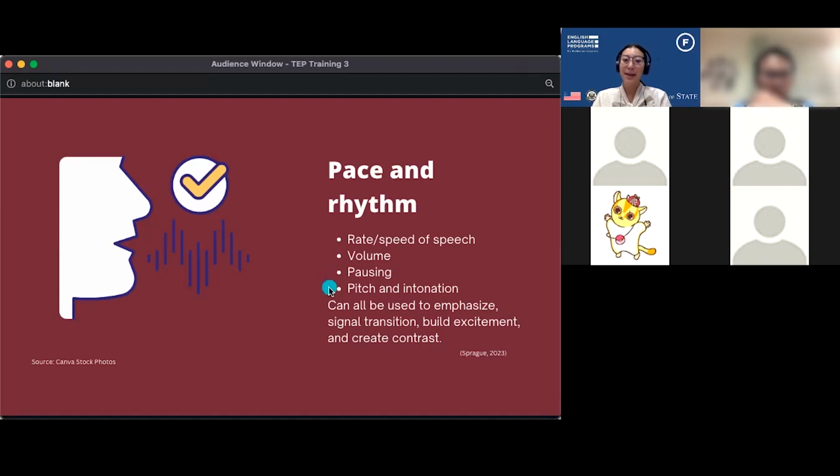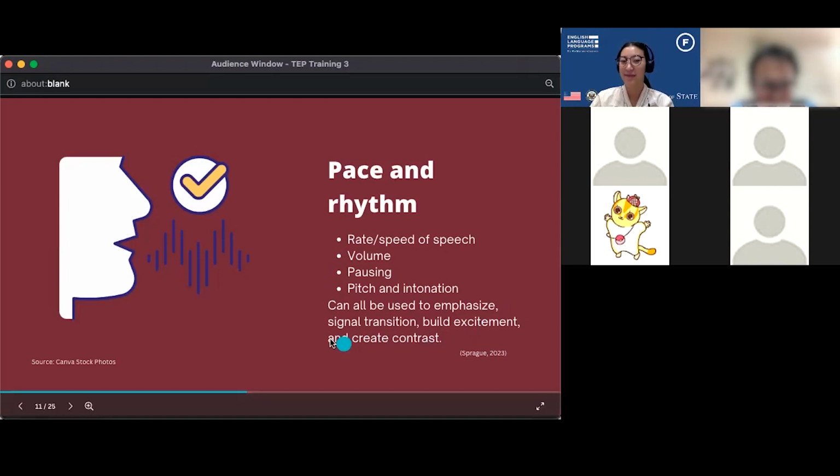Now, pitch and intonation refer to how high or low your voice is, the sound of your voice, right? And we can use all of these things for emphasis, to signal a transition, to build excitement, and to create contrast.